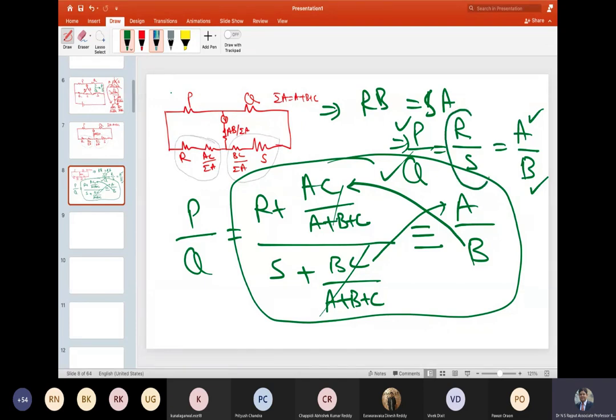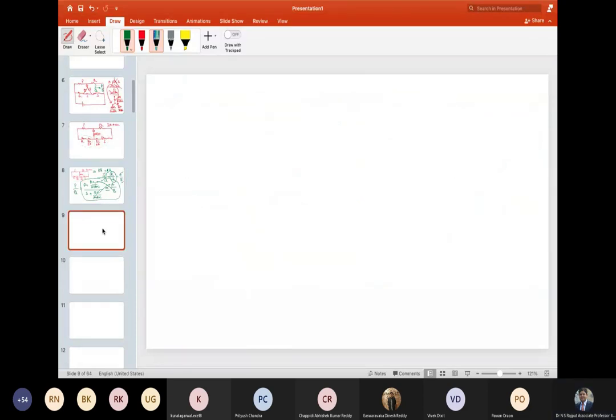R and S are the two resistances which are of low value, right? So we will see further how it develops. As long as you are able to maintain the ratio of R by S and A by B, there will not be a significant difference from the contact resistances.